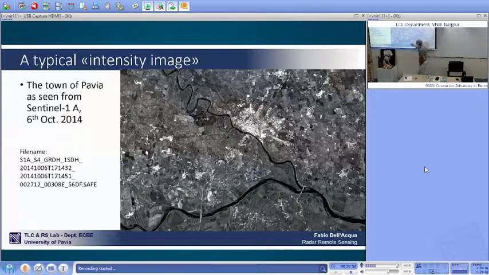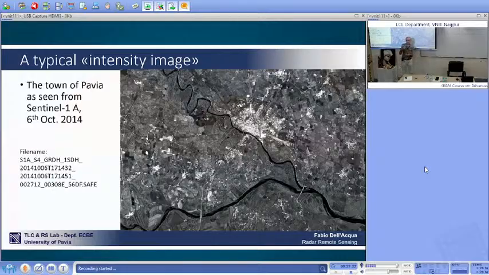One thing I wanted to point out here is that about shape, water tends to appear dark in radar images because of its shape. Just like the sea, this is completely flat. And flat areas typically backscatter very little.